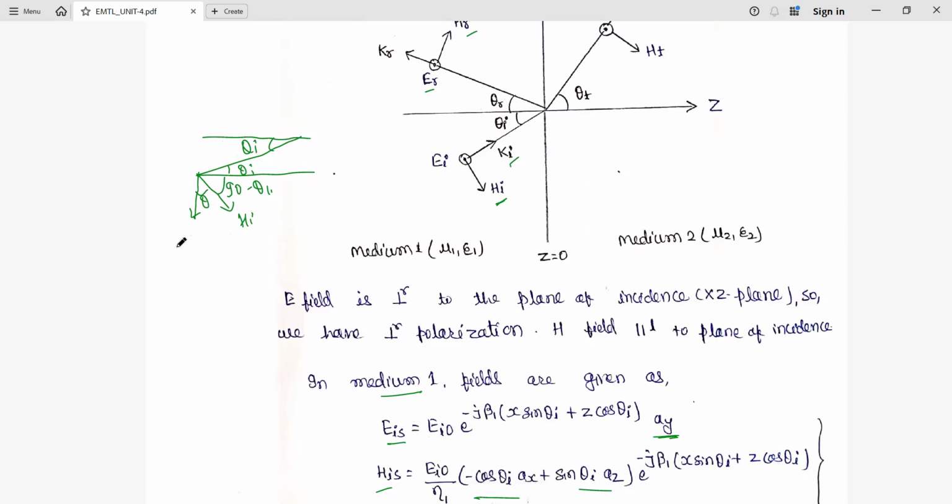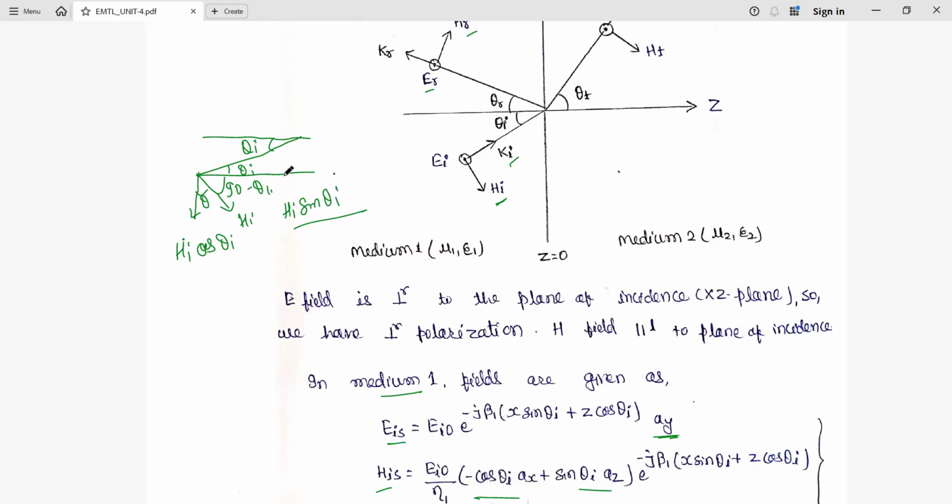So this will become Hi cos theta i, and this one is going to become Hi sine theta i.